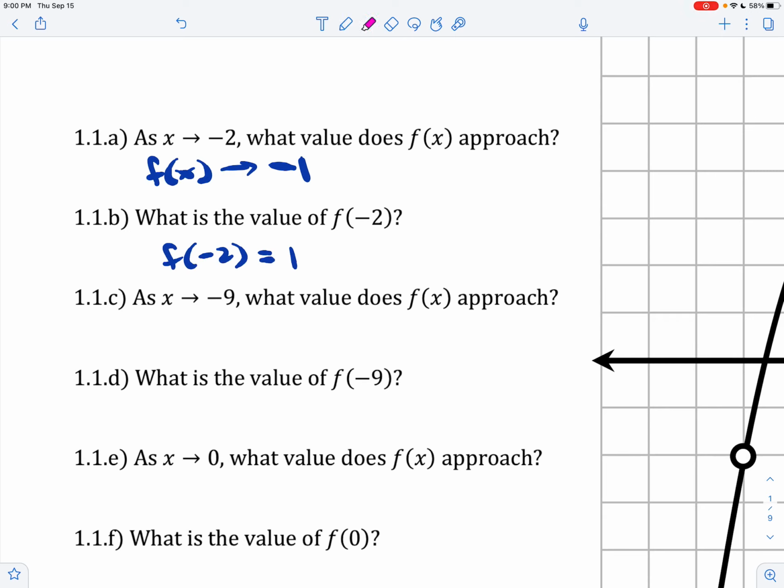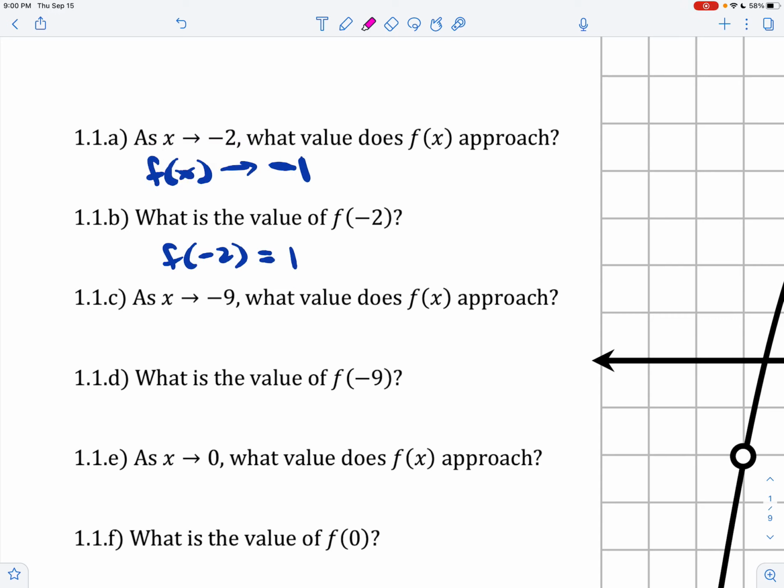This one says f of x gets really close to -1 when x is -2, or gets close to -2. The other one says when x is -2, f of x is 1. And they are talking about different things. One is looking at what the value of y is, and the other one's looking at what it gets close to. And we'll see how that plays in other examples here.